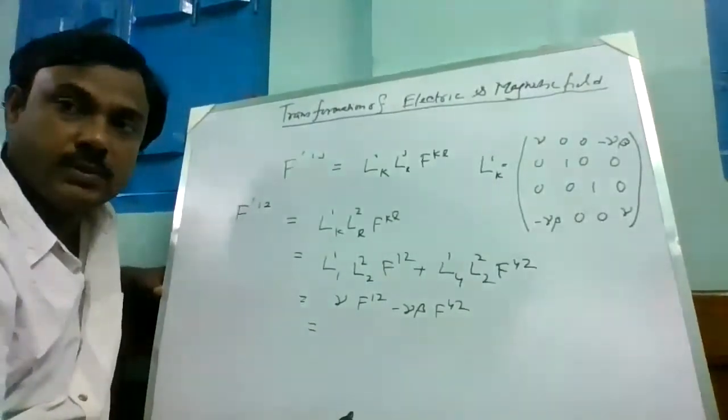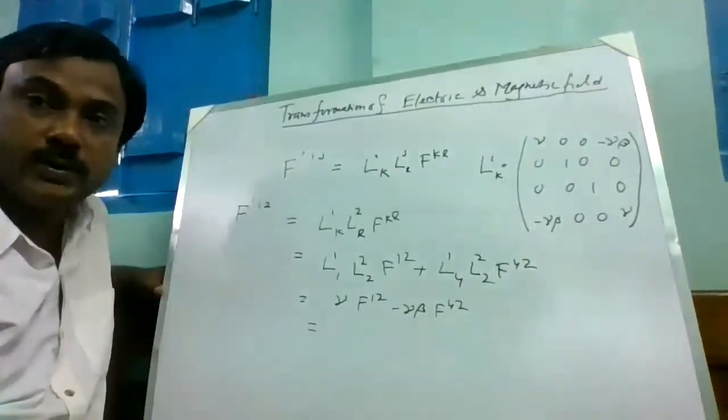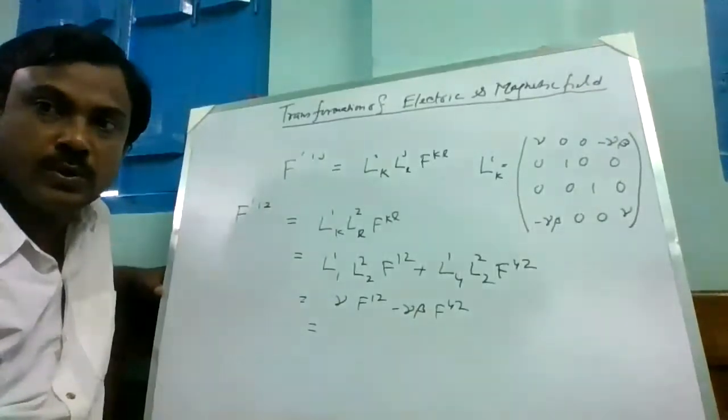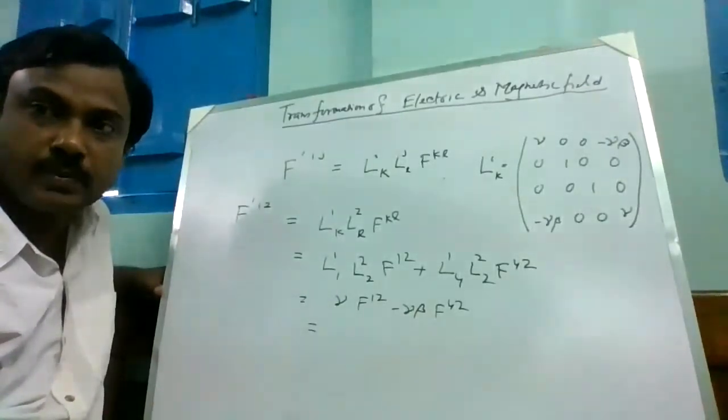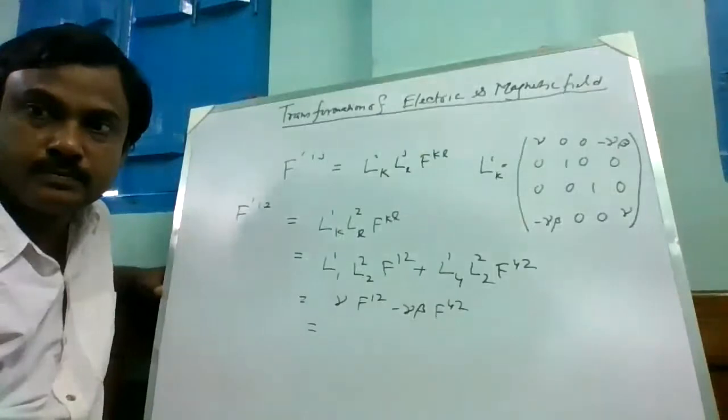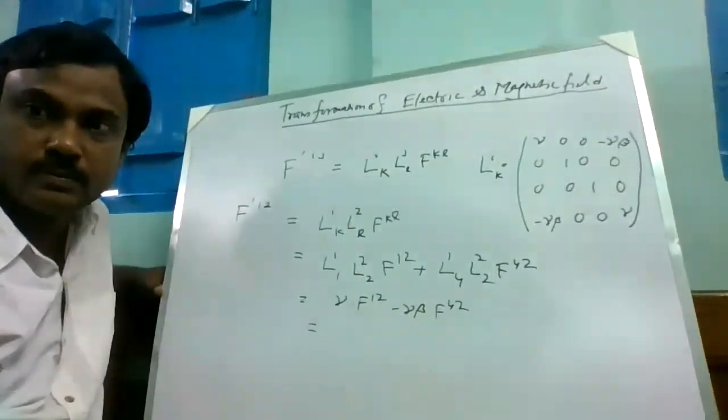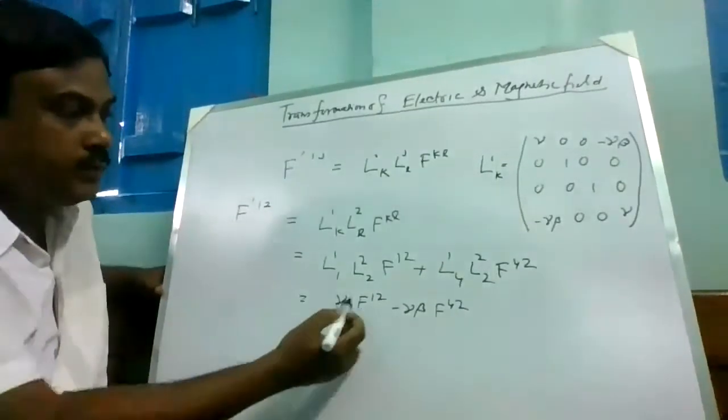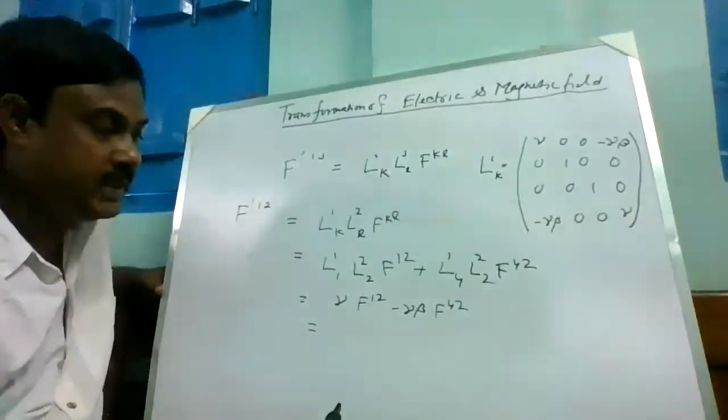Now reading out the terms, F12 of the contravariant tensor was minus cBz.